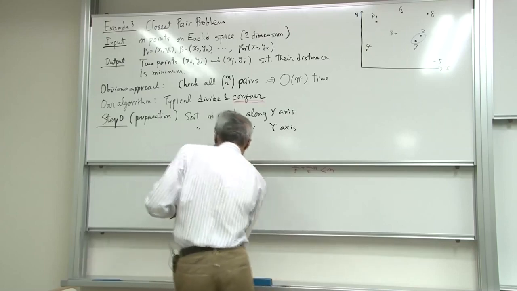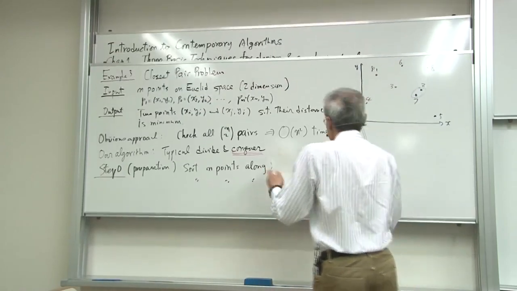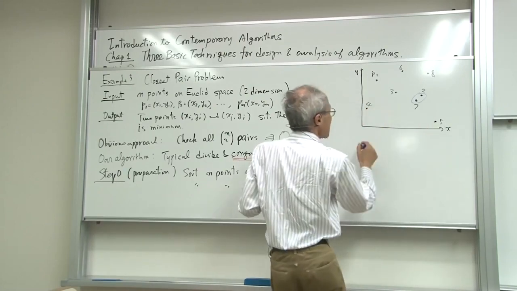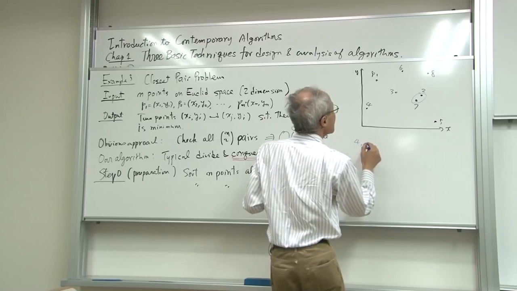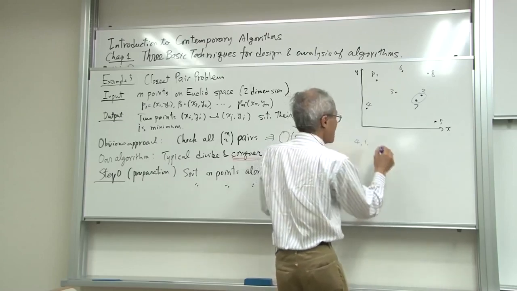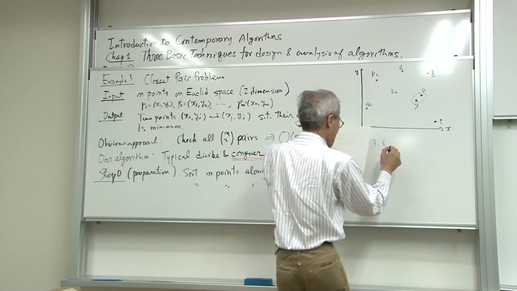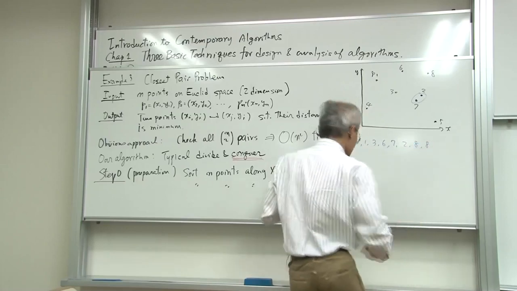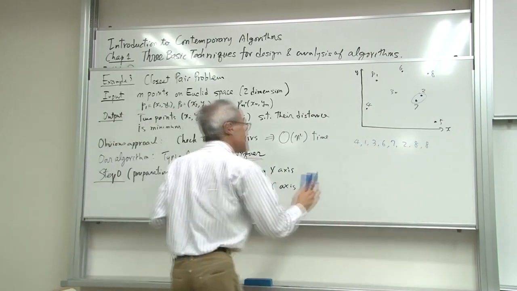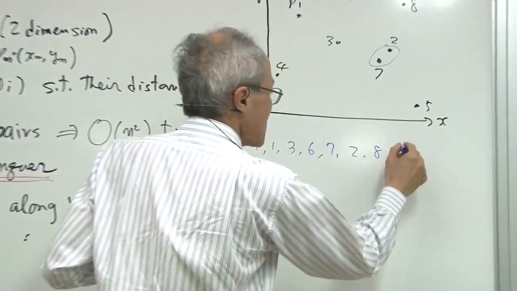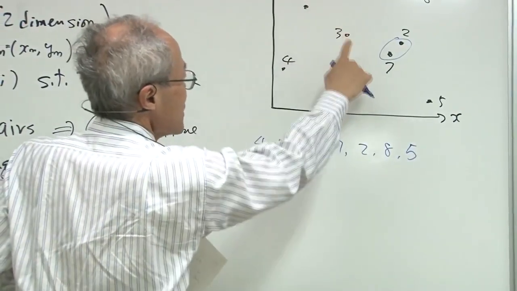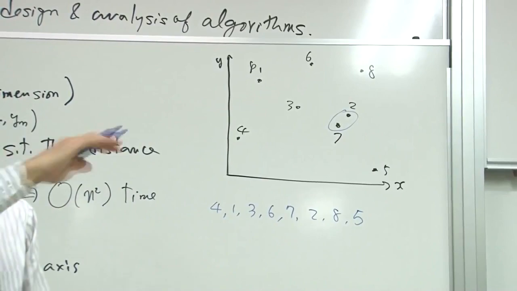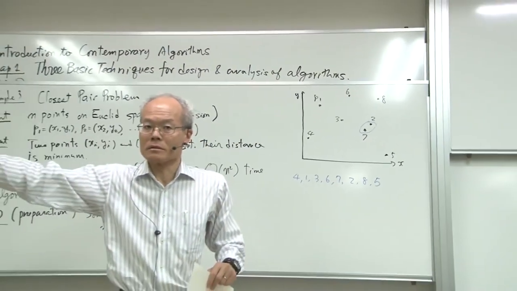So in this case, let's do that. If you sort these points along the x-axis, then this guy comes first. So 4, 1, 3, 6, 7, 2, 8, 5. Yes, this is correct. This is sorted along the x-axis.